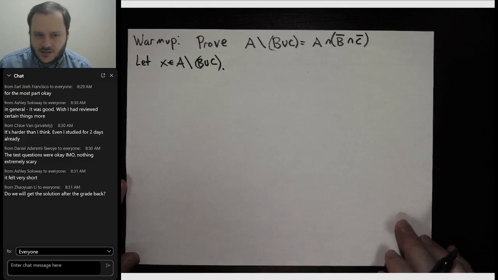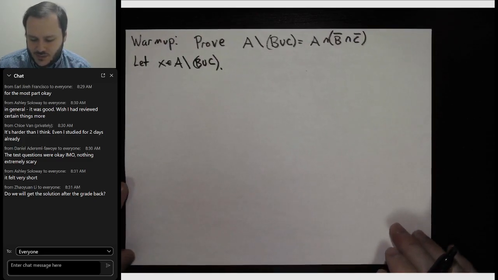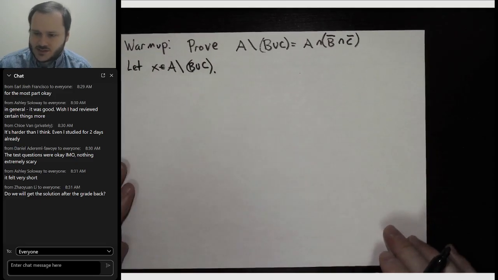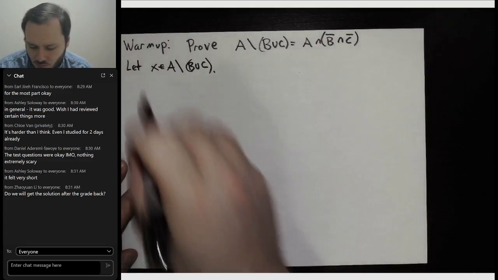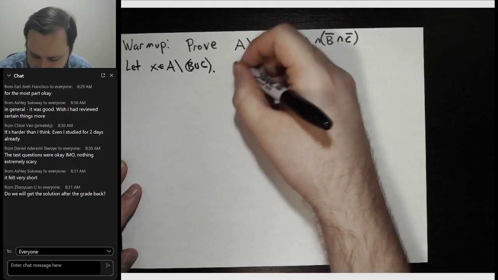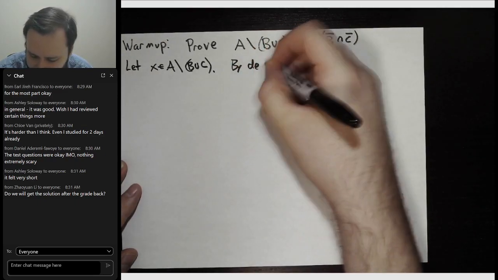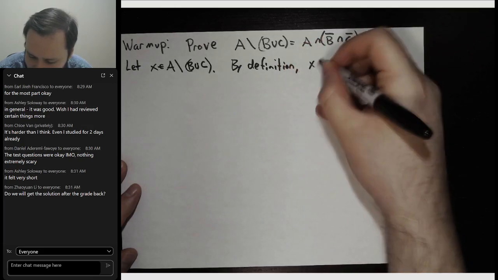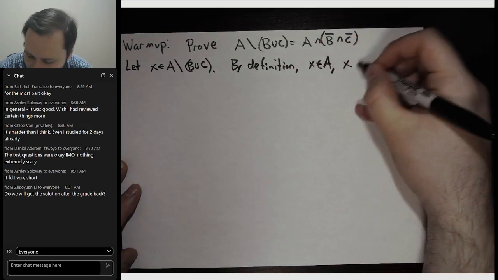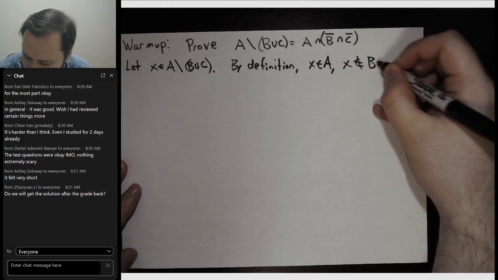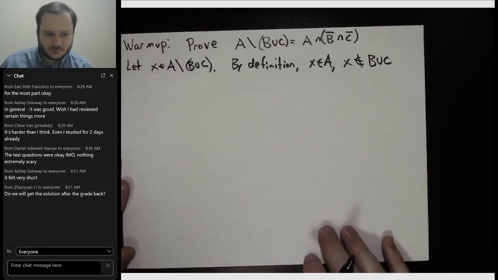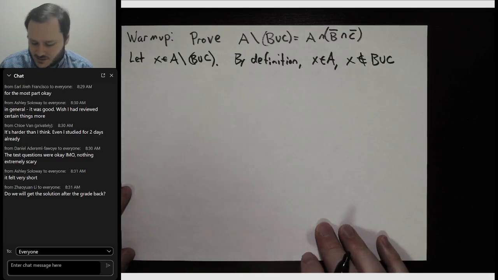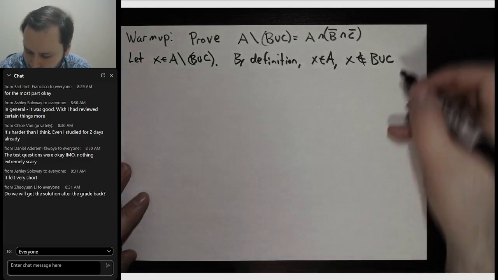The relative good news about these problems is that there's sort of only one thing to do at most steps. So what does this mean by definition? By definition, we're taking x is in A and x is not in B union C. That's what it means to be in a relative complement.